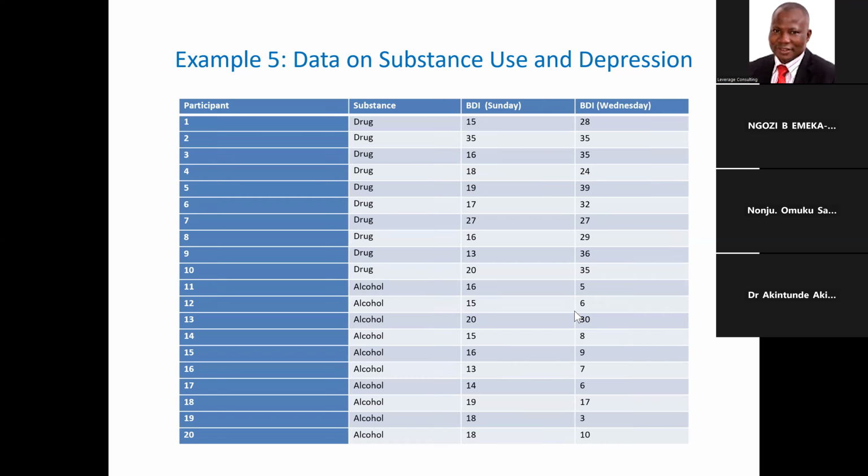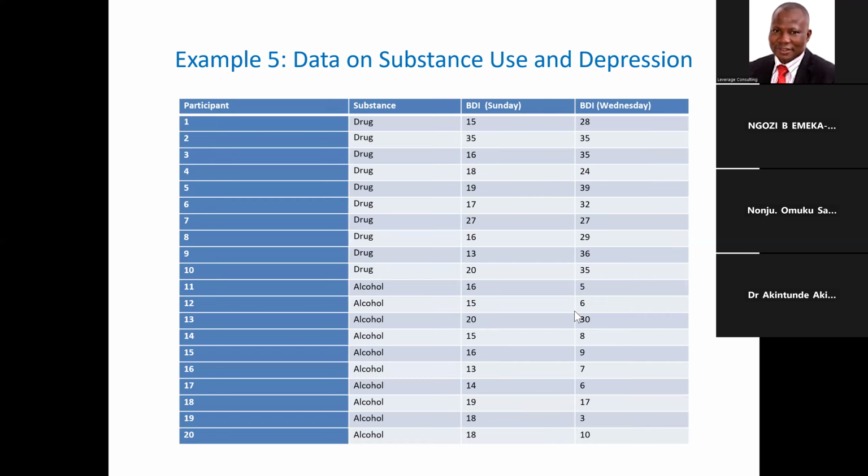One takes drug, one takes alcohol. So you can compare their depression index score on Sunday. You can compare Wednesday also. So you can compare any of them. If you treat them as independent groups, you can ask what is the difference in their depression on Wednesday and on Sunday? So there are 2 sets of readings for Sunday and Wednesday for these 2 groups of people.